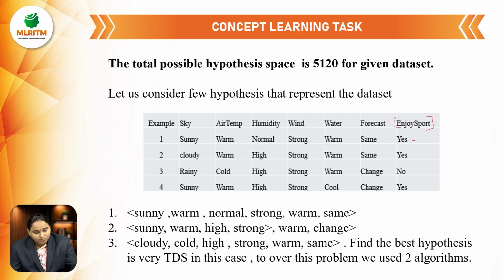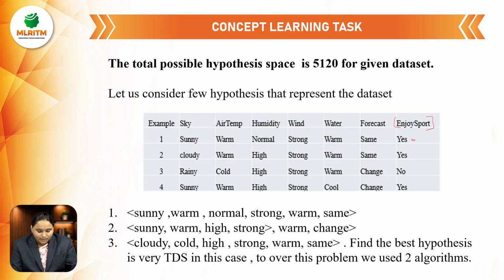We need to check whether it is positive or negative. If it is positive, we consider it in Find-S. If it is negative, we don't need to. In the specific hypothesis, we represent only the positive examples. Now, sunny, warm. The first attribute is sky.